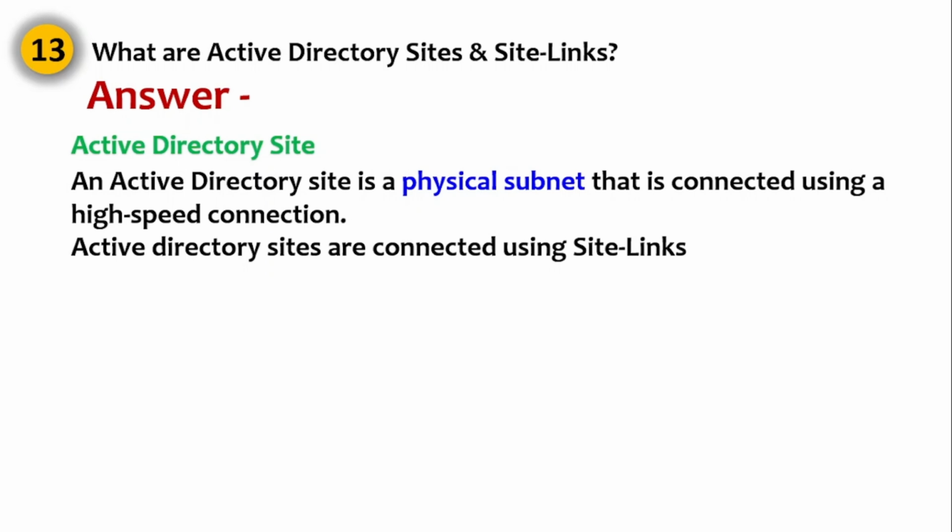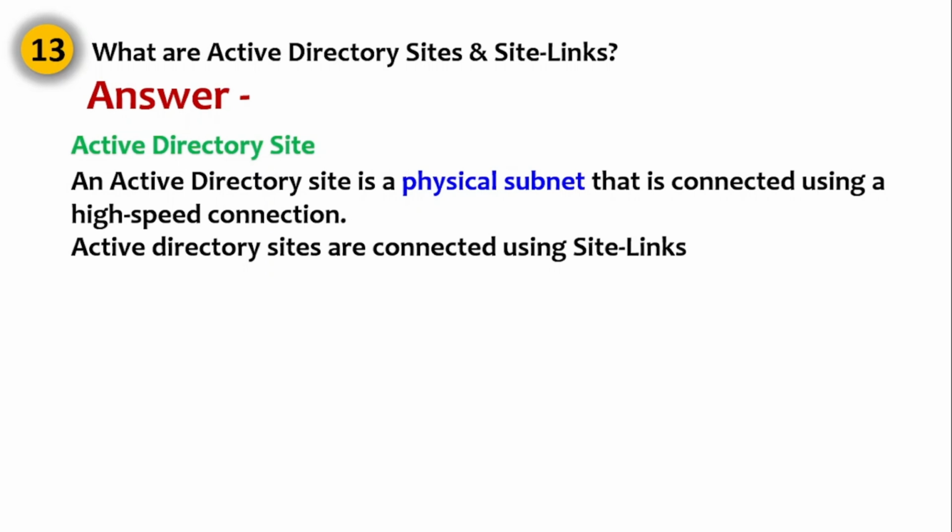In our last session, we saw the logical parts of Active Directory, or logical partitions. So the Active Directory site and domain controllers form the physical part of Active Directory. And these Active Directory sites are connected using site links.